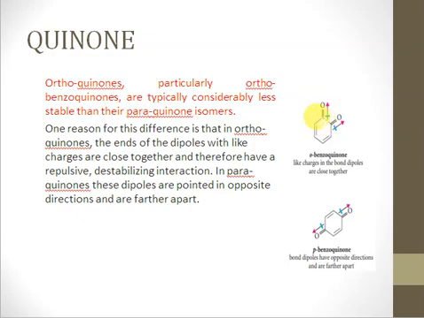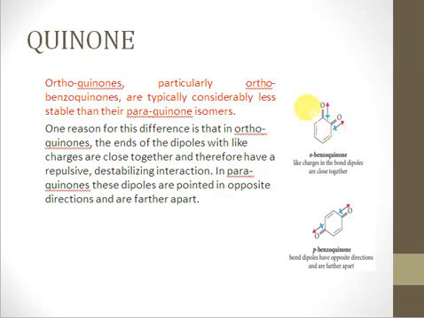So we say that these are the ends of dipoles with the same charges which are closer together. Both of these carbons are partially positive, and this makes this system a highly unstable system, right?